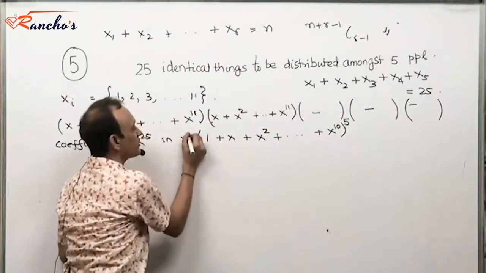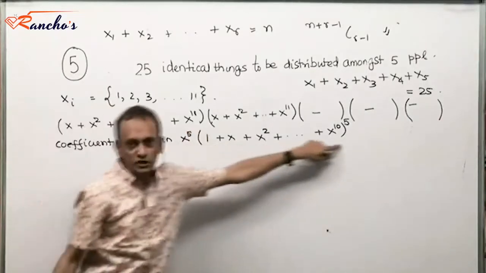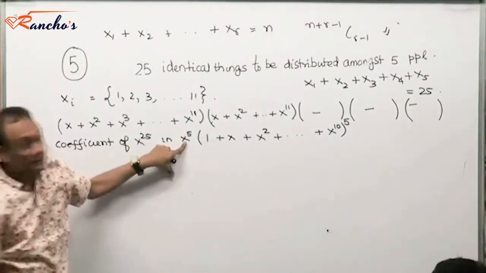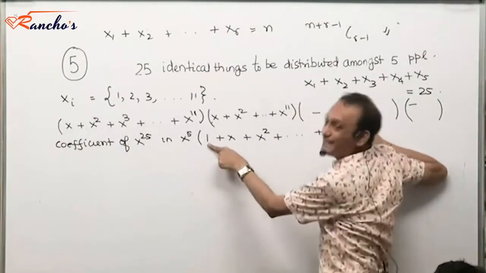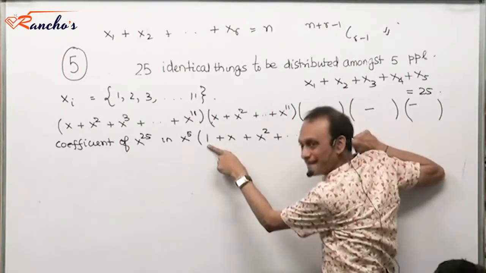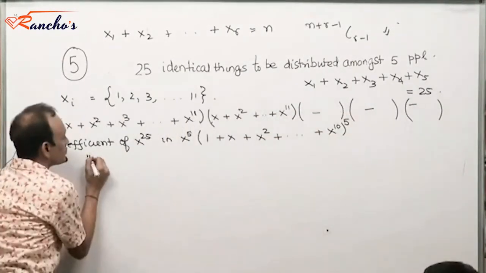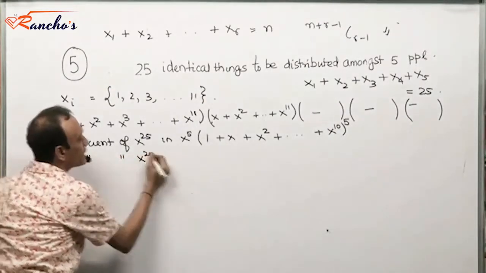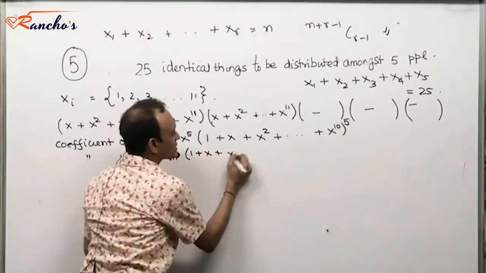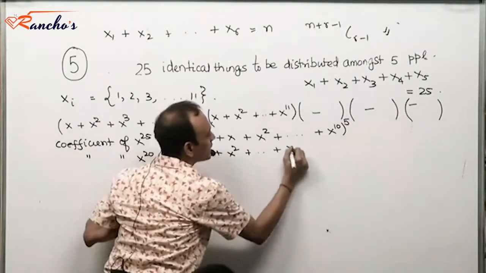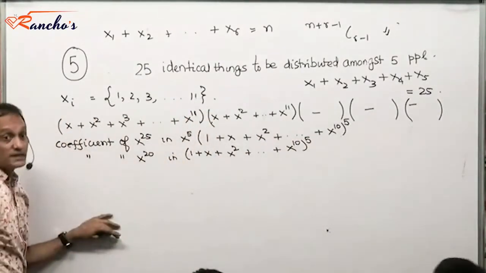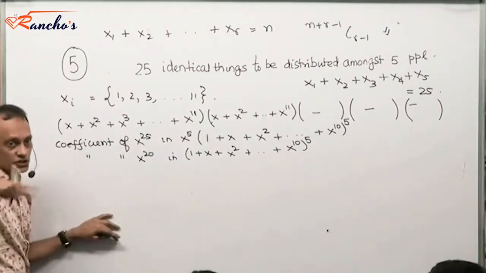So in this, I'm seeking the coefficient of x power 25, of which x power 5 already appears here. That means I want the coefficient of x power 20. So effectively, I'm seeking the coefficient of x power 20 in 1 plus x squared plus x power 10 whole to power 5. Yes or no?